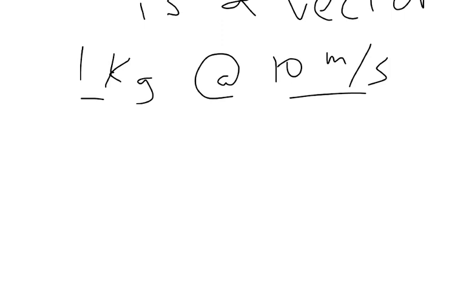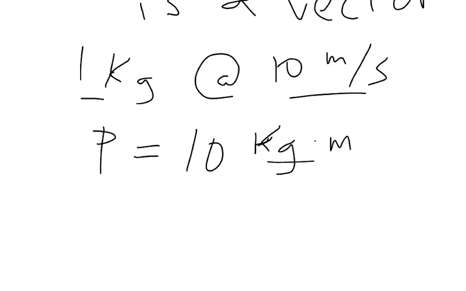So the momentum equals 10. And the standard units are kilogram times meters divided by seconds. Alright, but which direction? Well, let's clarify. Our velocity is plus 10 meters per second. So we'll say that the momentum is plus 10 kilogram meters per second.